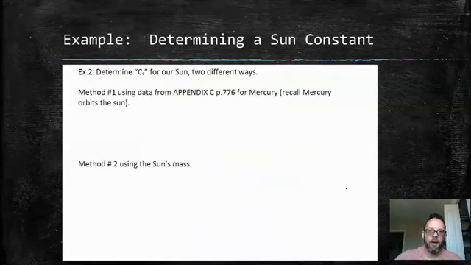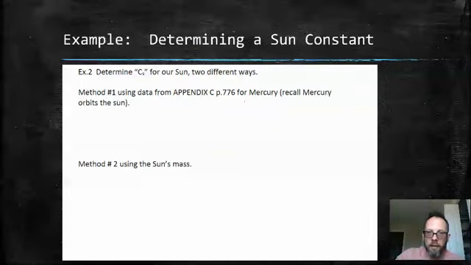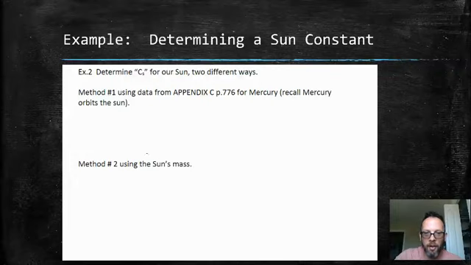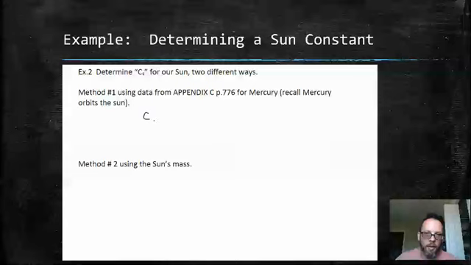So we're going to find our sun constant two different ways. We are going to use the values for Mercury. I think everybody here probably understands that Mercury orbits the sun. And then we're going to use the sun's mass. So the first way we're going to do it is r cubed over T squared.